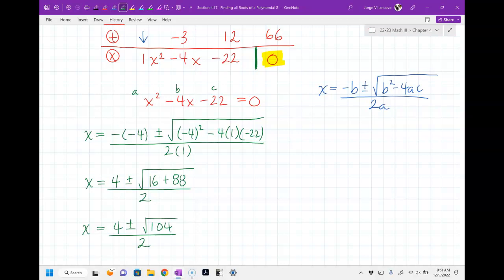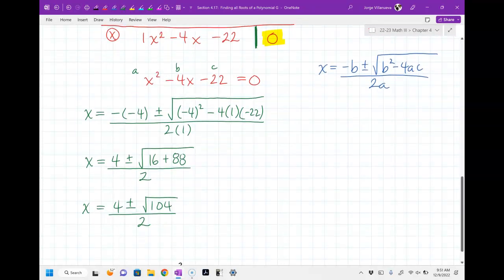Just trying to pull up my calculator here. So square root of 104, 2 and 26. Oh, you mean 2 radical 26. So yeah, 4 does divide it. So if you put it into your calculator, you're going to get x equal to 4 plus or minus 2 radical 26 over 2.